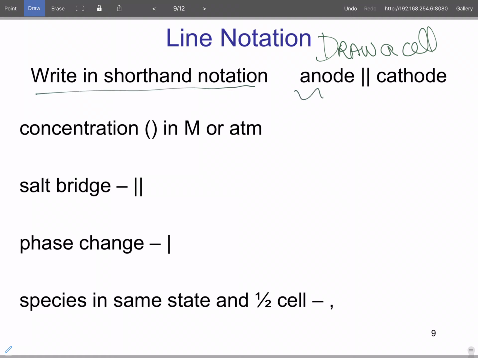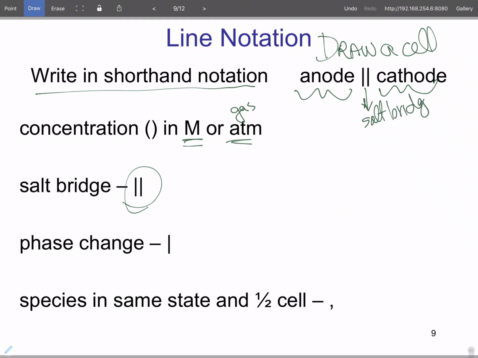We start by putting the anode and the cathode. If it's not a solid, then there's a concentration. If it's a liquid, you use molarity. If it's a gas, you can use atmospheres. This double parallel line symbol is your salt bridge.